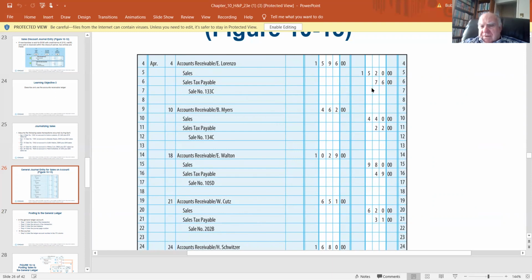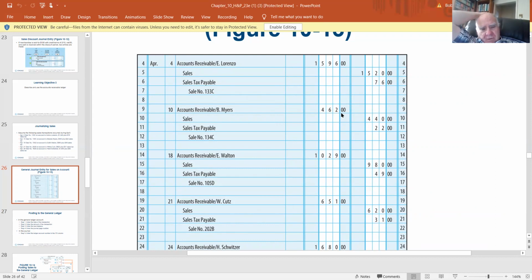That computes to $76. So this customer must pay us $1,520 plus the 76, $1,596. Brenda Myers, she bought $440 worth of goods. The sales tax was $22. She owes us in accounts receivable $462.